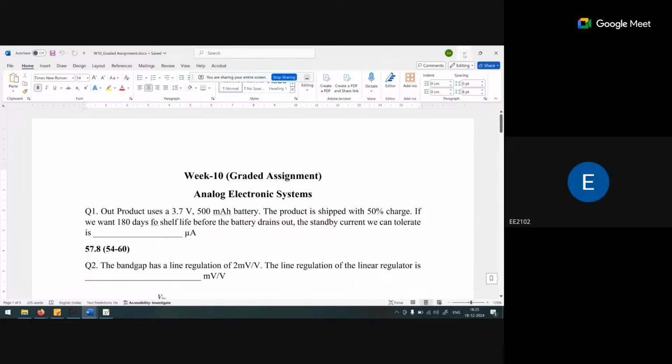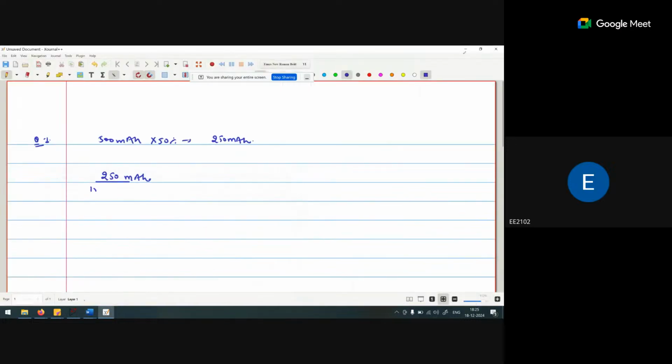So how many hours? 180 days multiplied by 24 hours. If we calculate this, this is called the standby current, or we can say the minimum current.